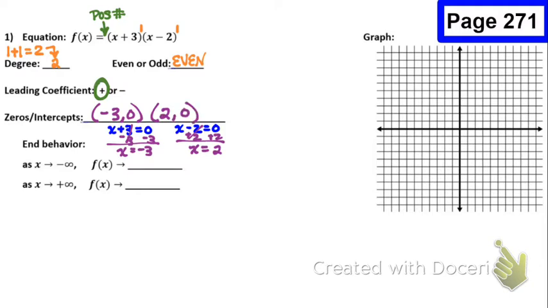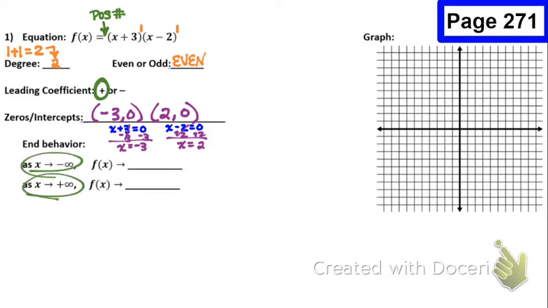Talk to me about the end behavior. What would be happening here? Which end can we make a decision about right away? The right side. Which one of these means the right side? Leading coefficient tells me about it, but which one of these two is the right side? Bottom one. This is the right.